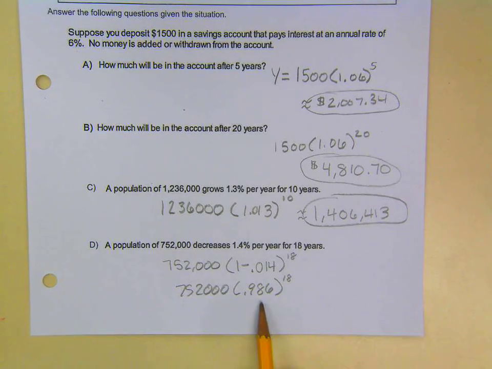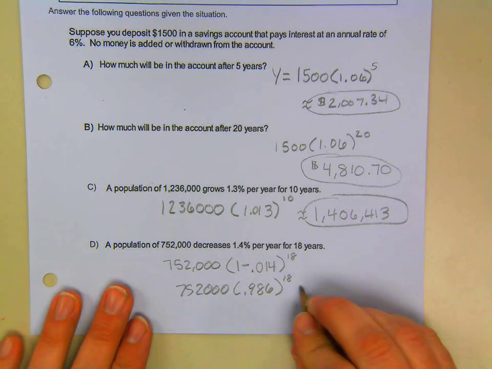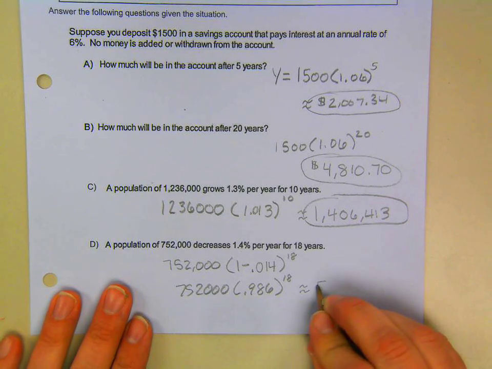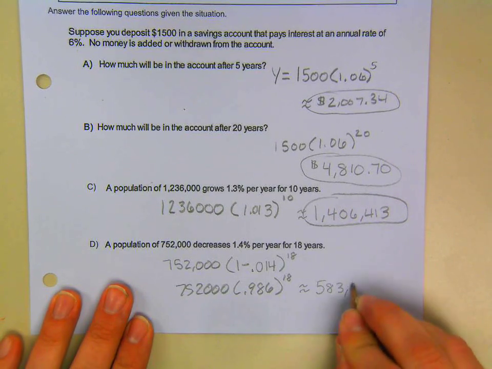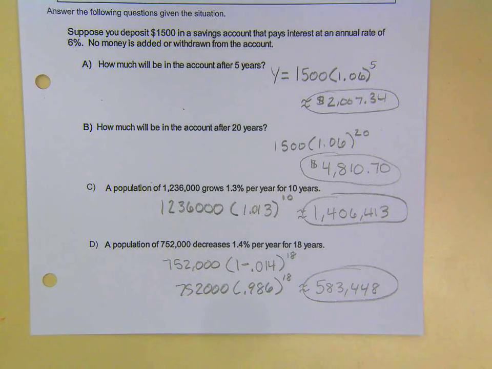This means that 98.6% of the people that were there the year before are still there. That is the same thing as decreasing by 1.4. So type that into your calculator, and after 18 years, this would be down to 583,448 people.